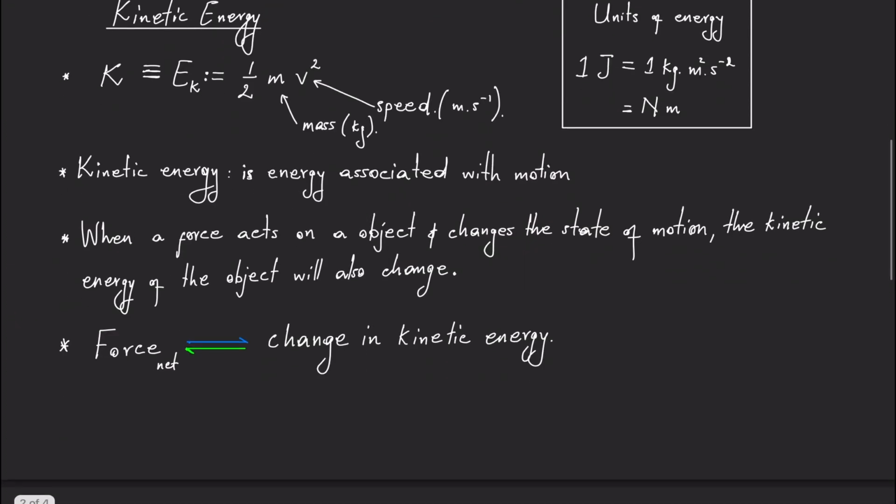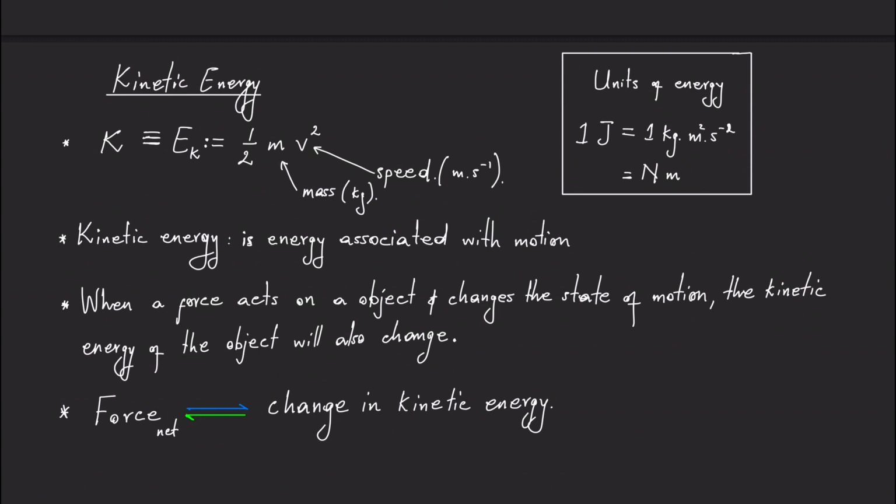Now let's go on and consider, what is kinetic energy? Kinetic energy is the energy associated with motion. So whenever objects are in motion, we can associate energy with them, and that kind of energy is called kinetic. When an object is not moving, it has zero kinetic energy. We could actually test this out.